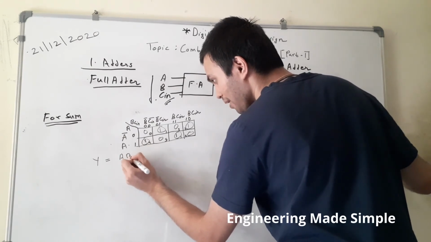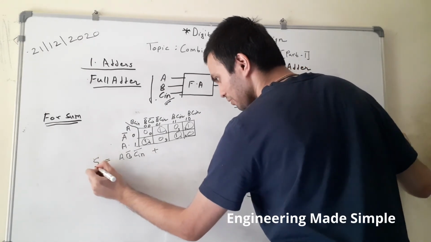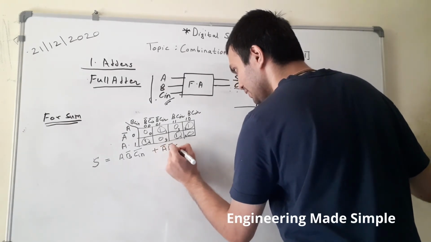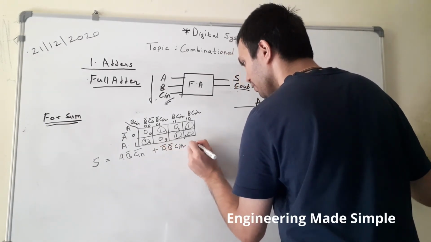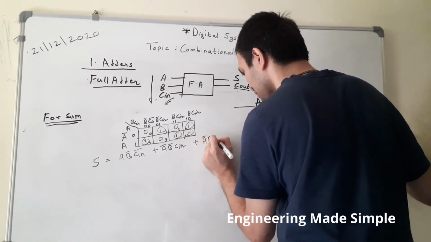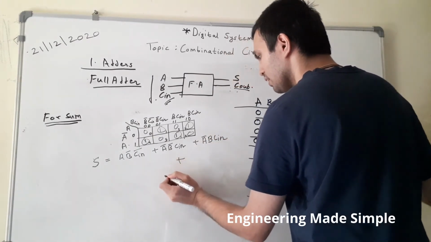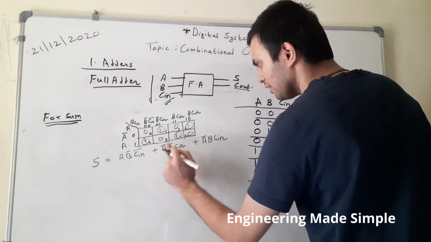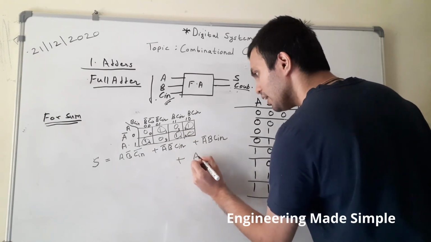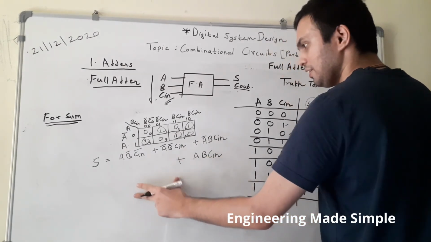We will start: A bar B bar C in plus, Y meaning sum output, A bar B C in bar, plus A B bar C in bar, plus A B C in. This particular term corresponds to A B C in. So this is our sum expression.